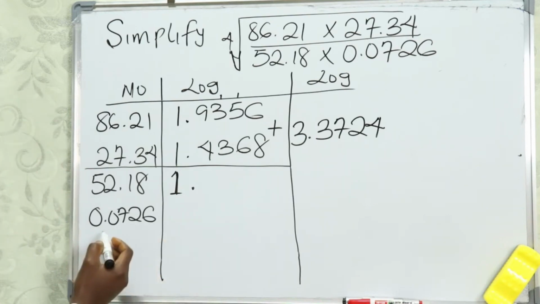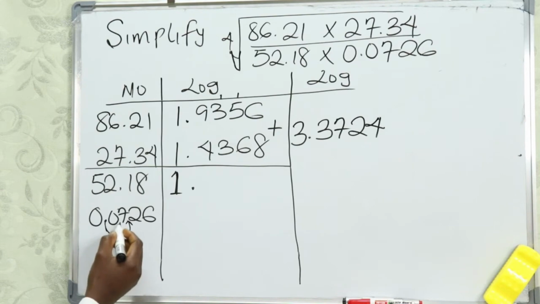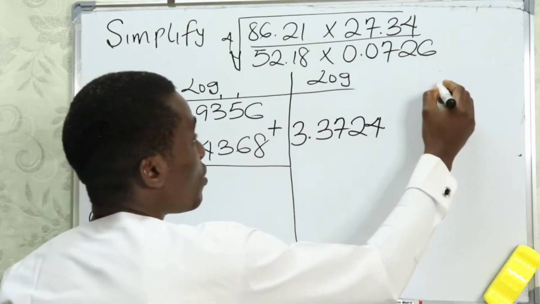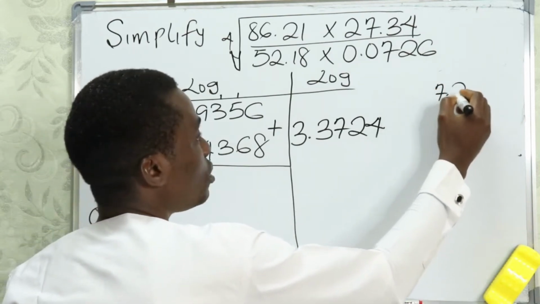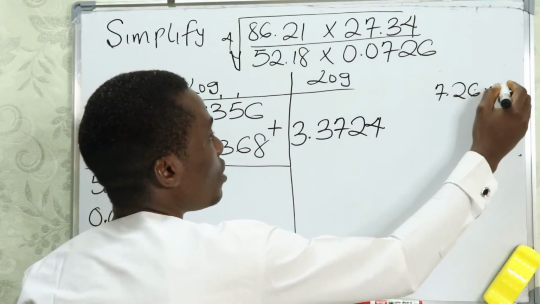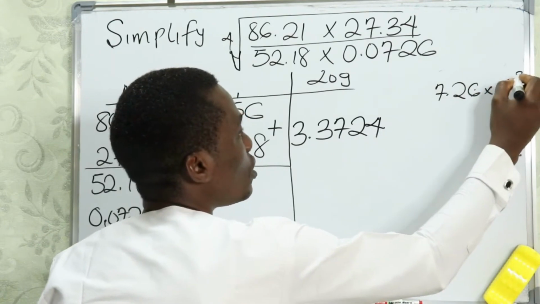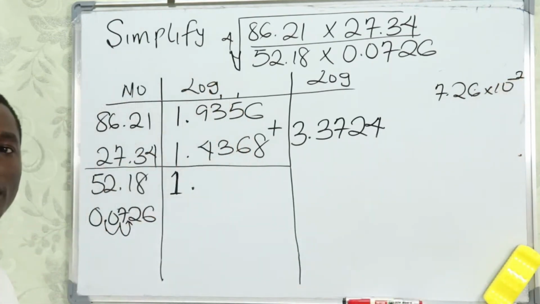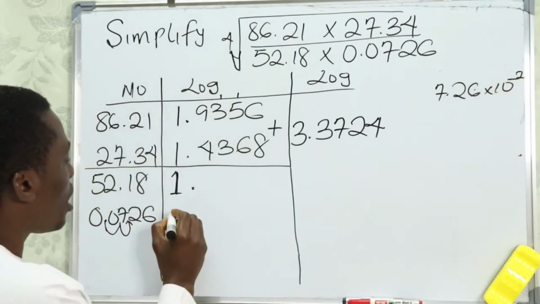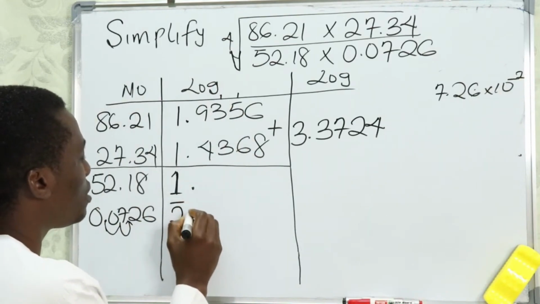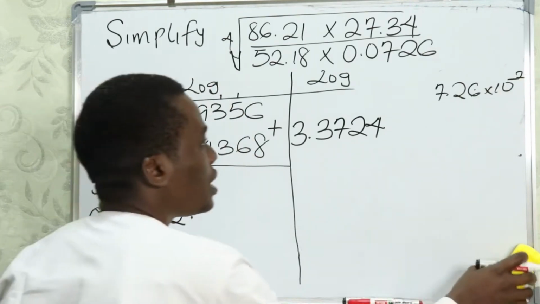Converting this to standard form, we count from the decimal point 1 and 2. So that will give us 7.26 times 10 raised to the power of negative 2. Following that, our integer will be negative 2.